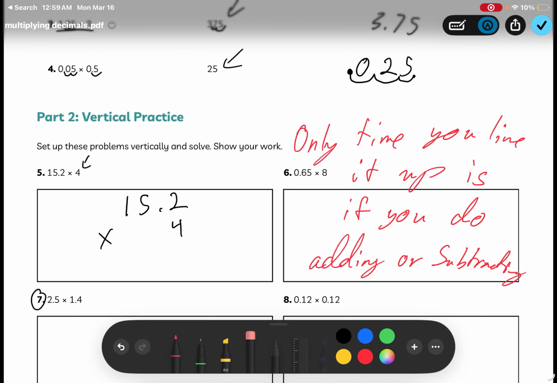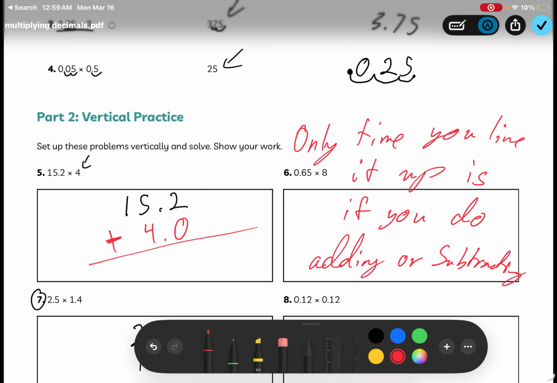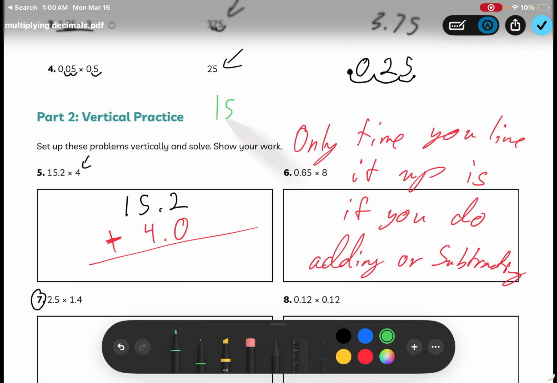So if this was, let's say, minus 4, that is when we'd move this 4 over here so we can line up the decimals. If we're adding, same thing. But since we are multiplying, so we have 15.2 times 4, this is okay. And that's the one key thing that I want to make sure that we know with this.